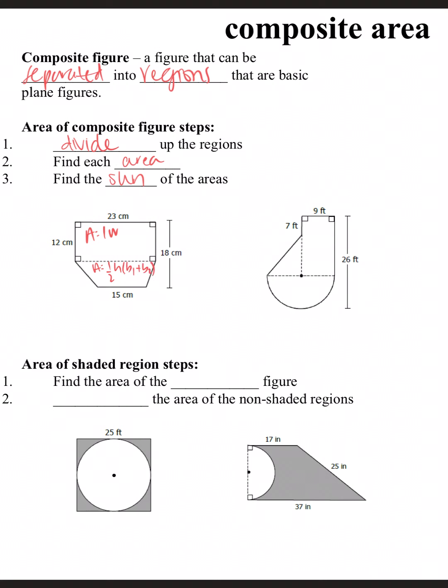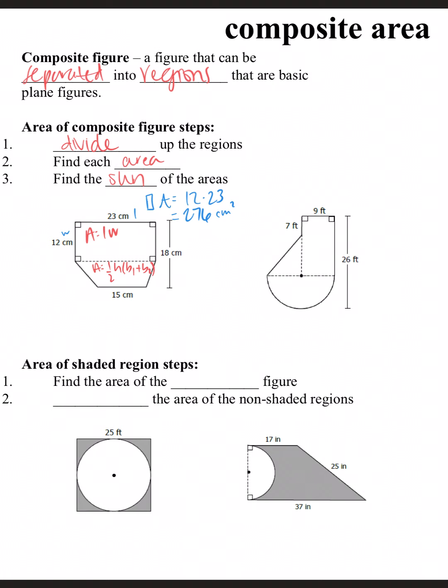One tricky thing on these is that you might have to figure out what your numbers are for the formula by using other things given in the problem. So this rectangle, this is our width, this is our length, so area equals 12 times 23, and that is 276 centimeters squared for my rectangle.